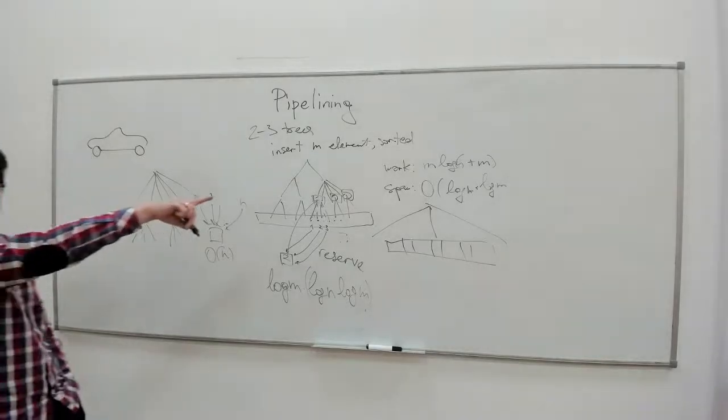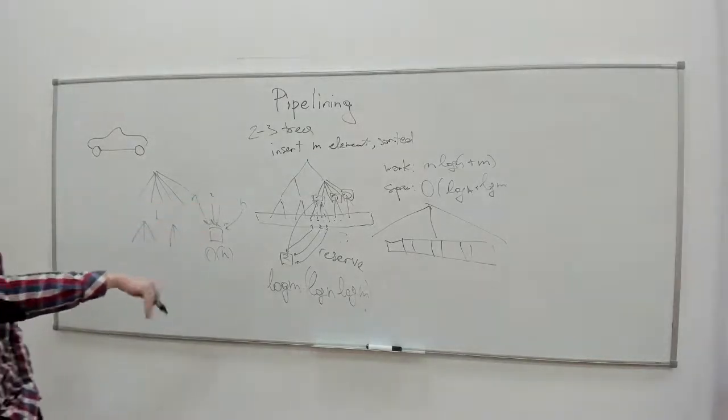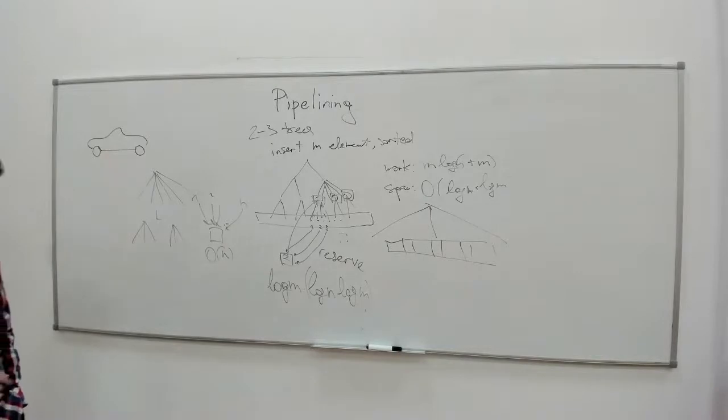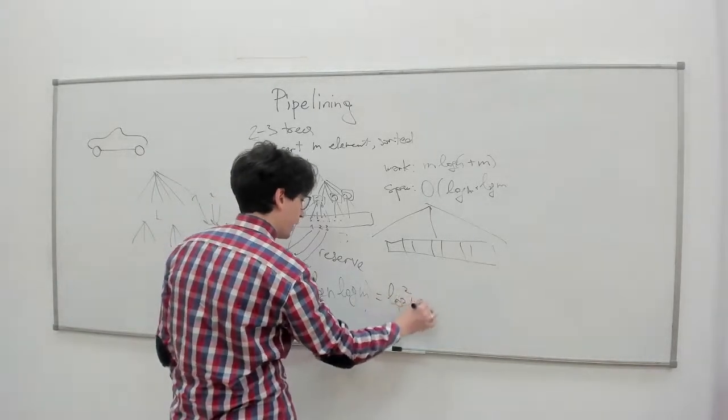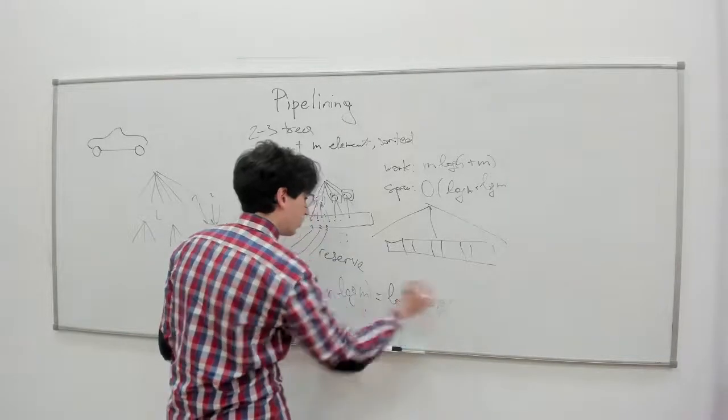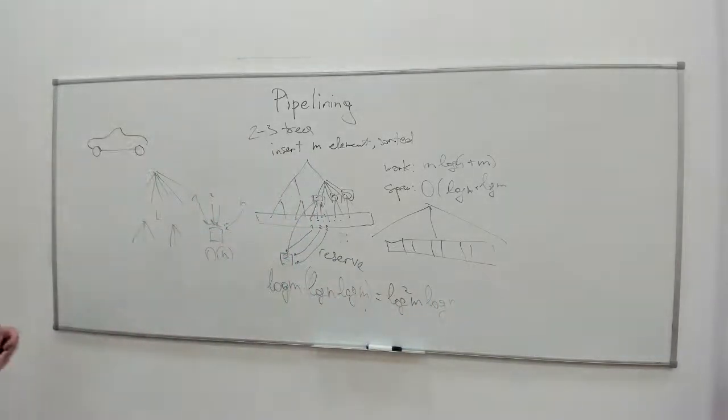So if we use that, you're inserting them one by one. So in total it will be logarithm squared m times logarithm n. Okay, that's not what we really want. We want it a little bit faster.